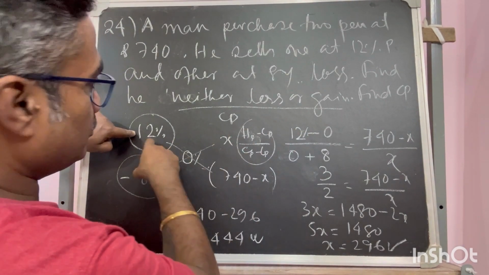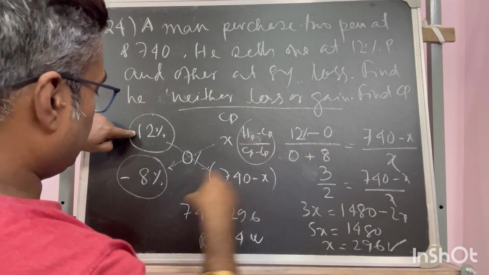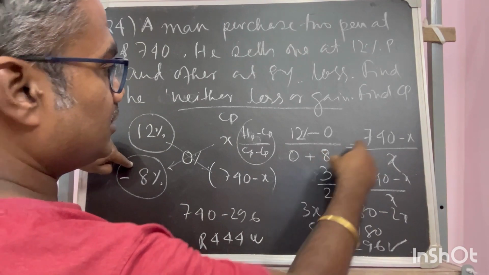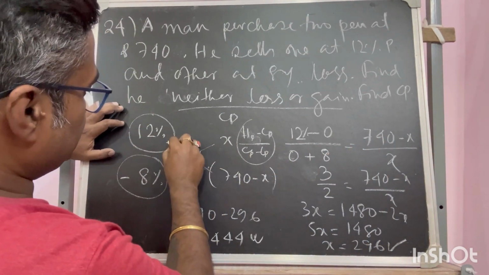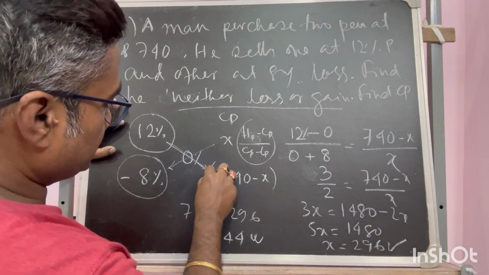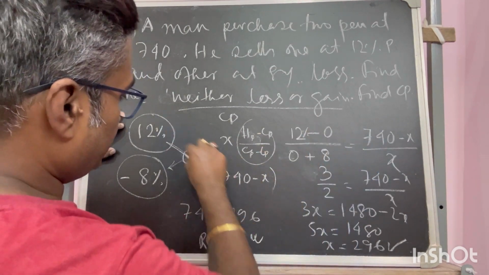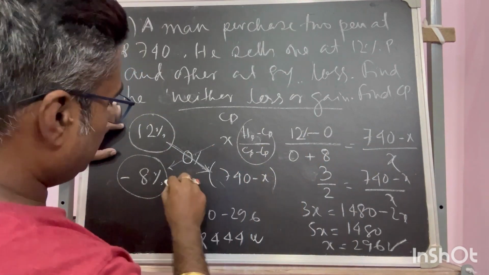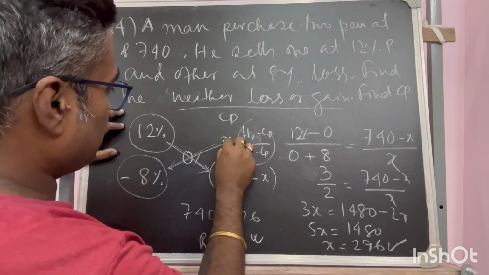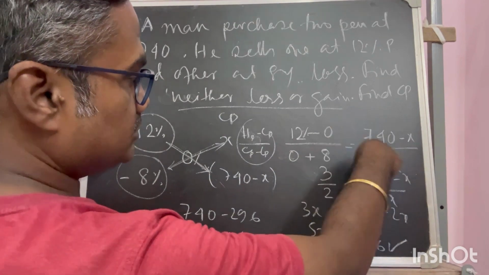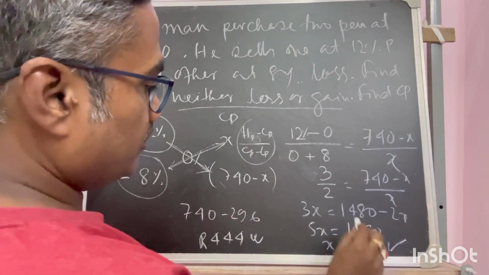By that, 12 minus 0, minus of minus 8, that means 0 plus 8, and this has to be the orientation. We have to bring this first at the top, and this will cut here and this will cut there. So accordingly x will come below. Once you get this equation, you can solve it.